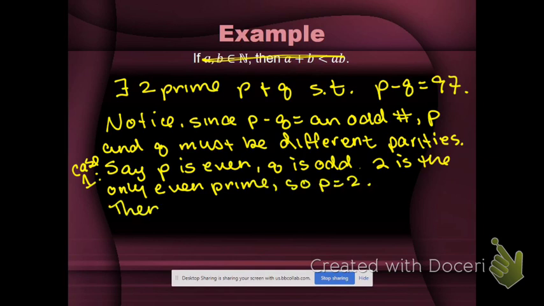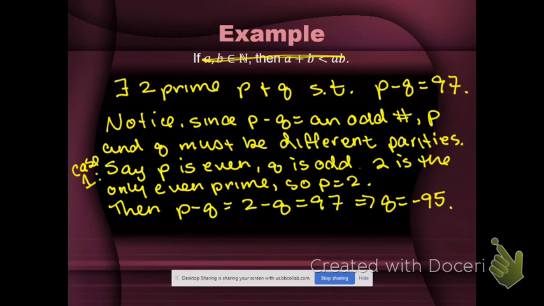Well, then P minus Q is 2 minus Q, which is 97, which would imply that Q is negative 95. Move the Q over there, yes, negative 95. Just as an example, 5 divides that, so not prime. So they can't both be prime if P is even.